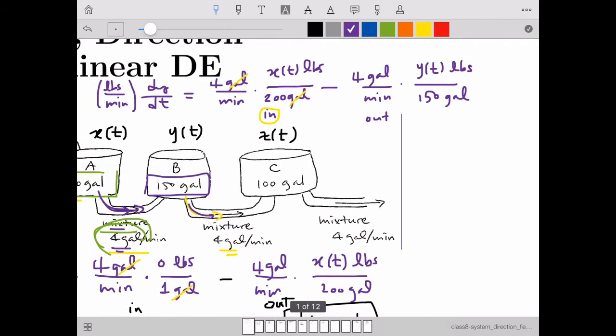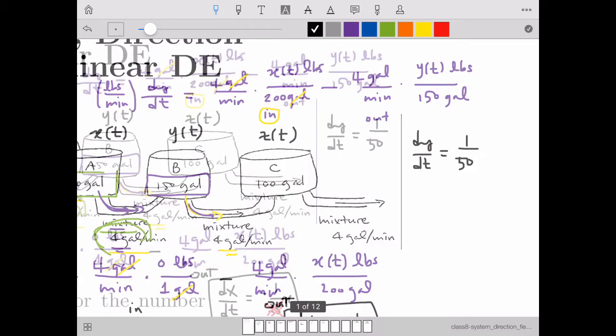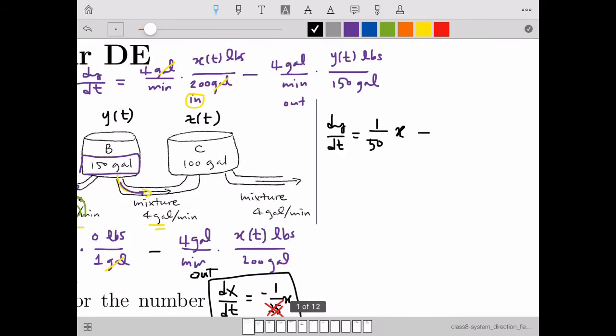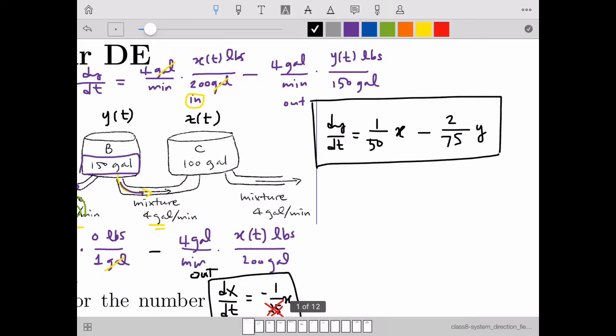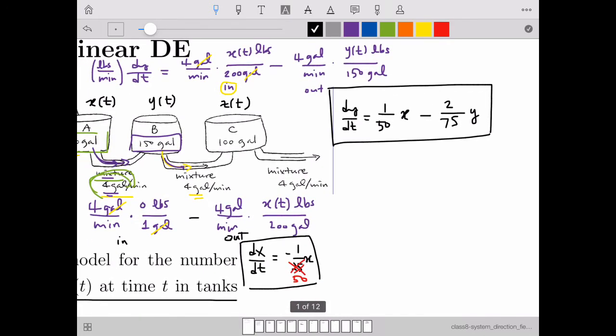So for y we get dy/dt equal to 1 over 50 x minus 2 over 75 y. So that's dy/dt.